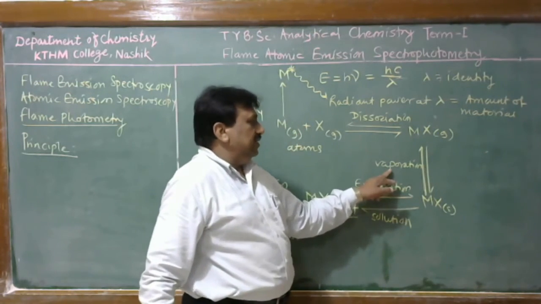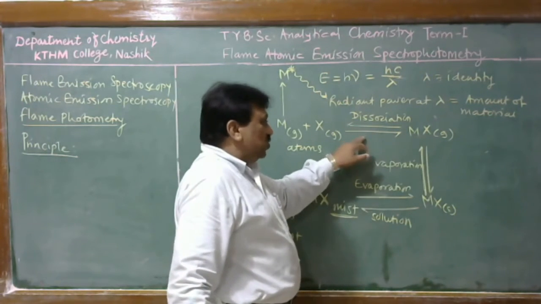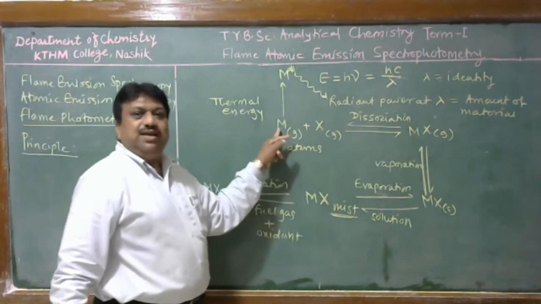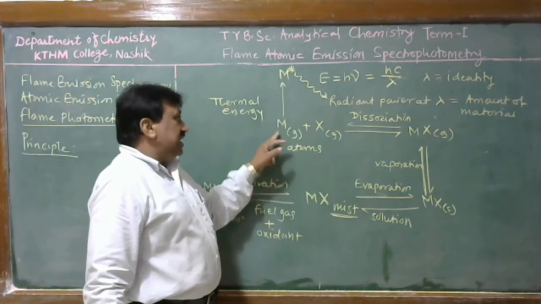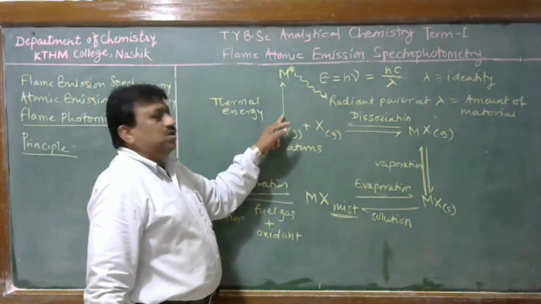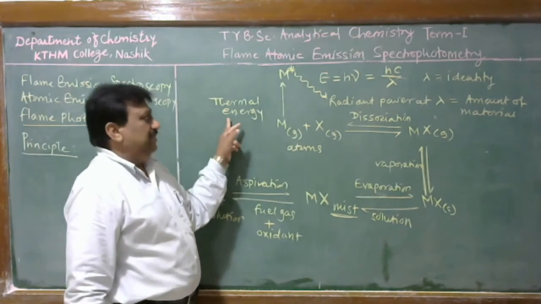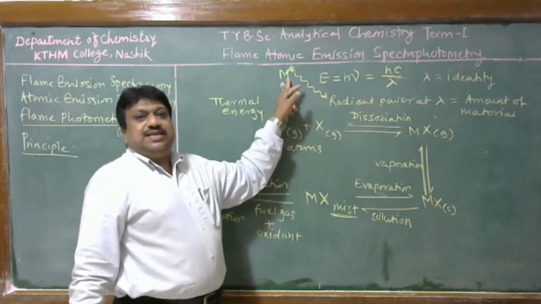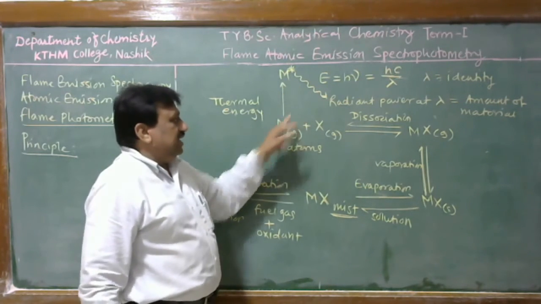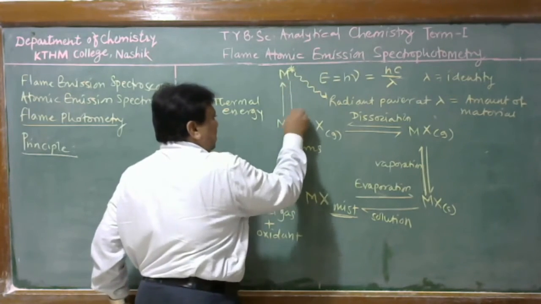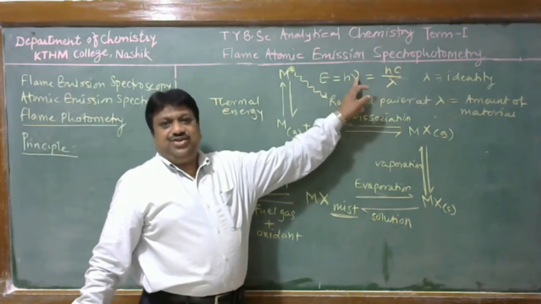When this vaporized gaseous metallic salt undergoes dissociation, it gives a gaseous metal atom and its counter atom. This gaseous metal atom undergoes thermal excitation by absorption of thermal energy from the flame, and when it comes back to ground state level, that means when it again comes to its original form, it emits a radiation.